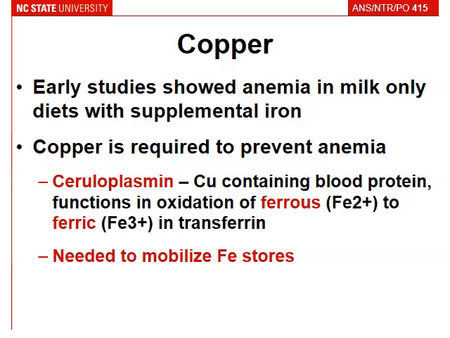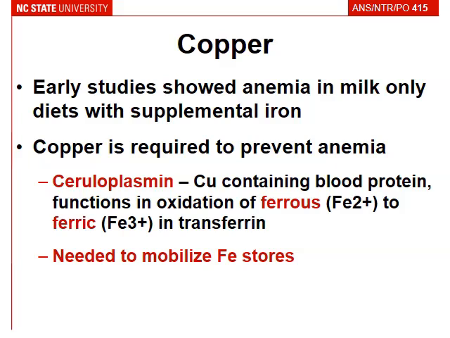So why do we have copper? Why is it important? It is a component of ceruloplasmin, a copper-containing protein, and it oxidizes ferrous iron, Fe2+, to ferric, Fe3+, and the iron has to be in its ferric form to be transferred to transferrin.